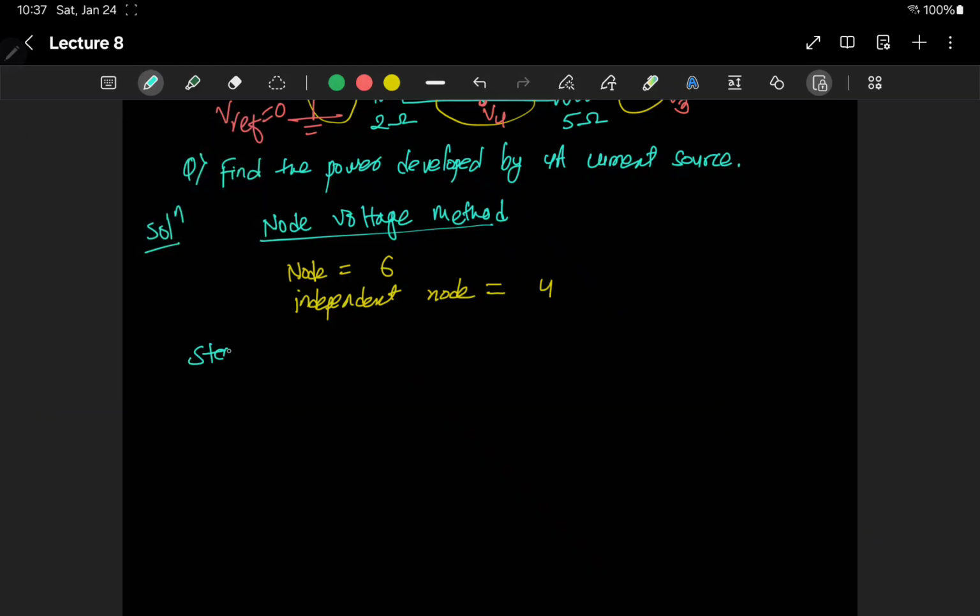In the node voltage method, you can assign those directions arbitrarily, in any direction, but in the mesh current method we try to follow a consistent pattern, like clockwise or anti-clockwise.